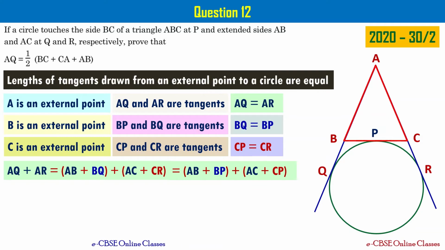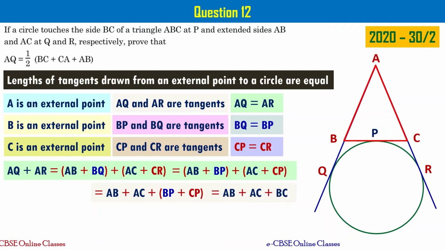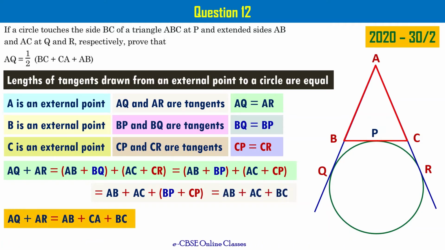I'll rearrange this such that I can write it as AB plus AC plus BP plus CP. From the figure, BP plus CP is equal to BC, right? The length of one of the sides of the triangle. So let me write that. It means AQ plus AR equal to AB plus CA plus BC, right?